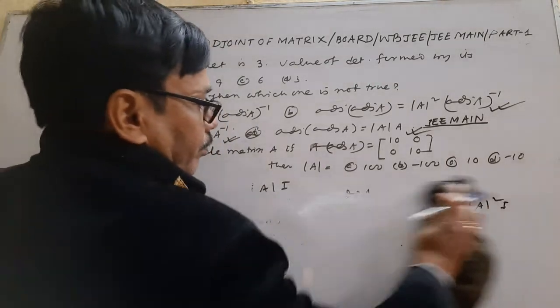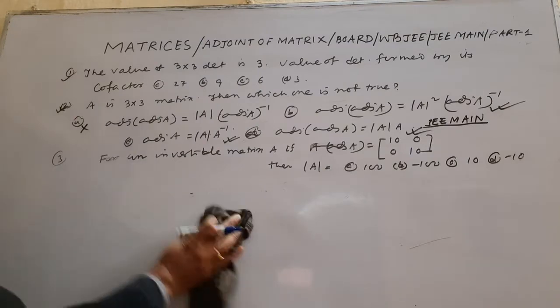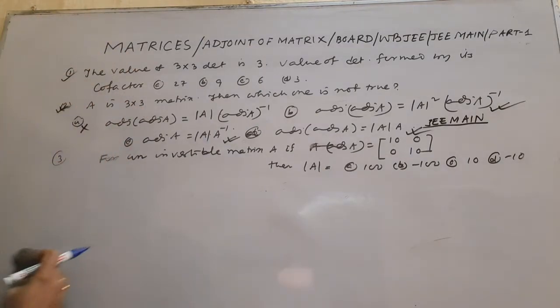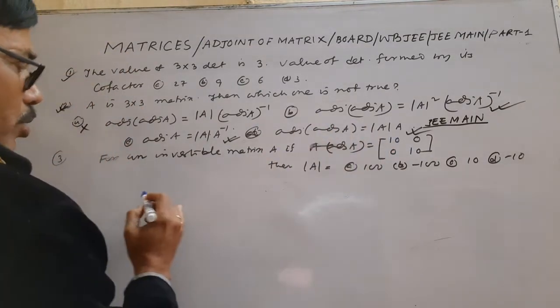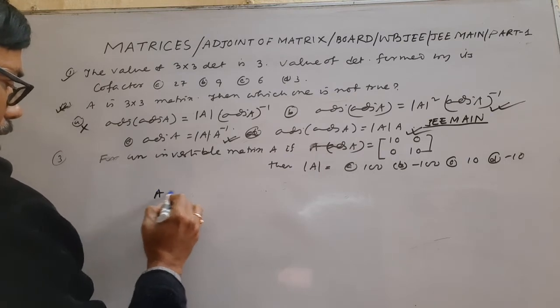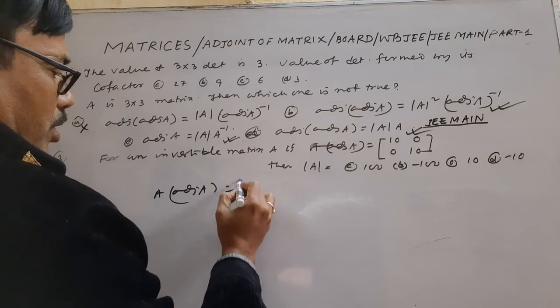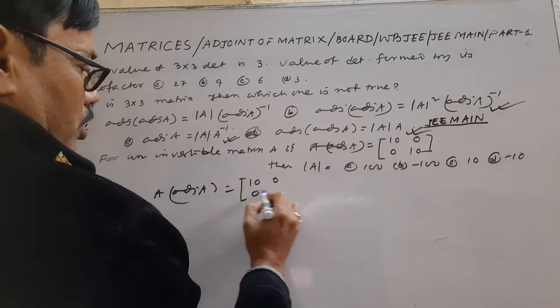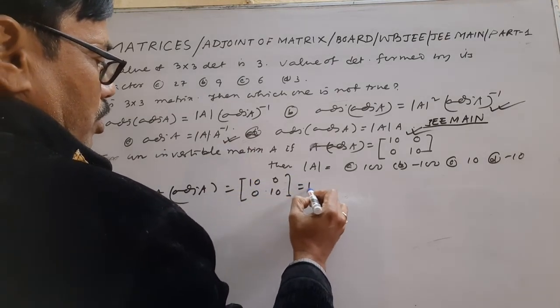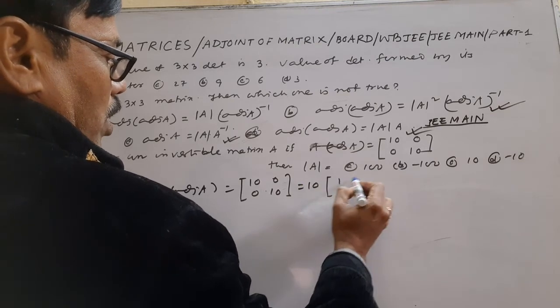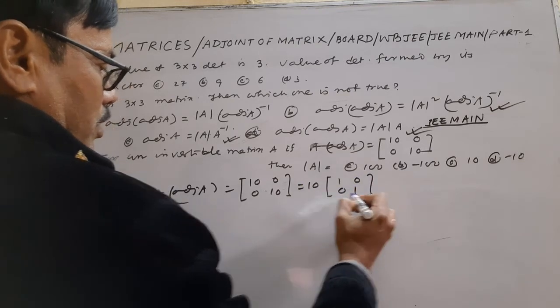Now problem number 3. A into adjoint of A equals 10, 0, 0, 10. So 10 into 1, 0, 0, 1.